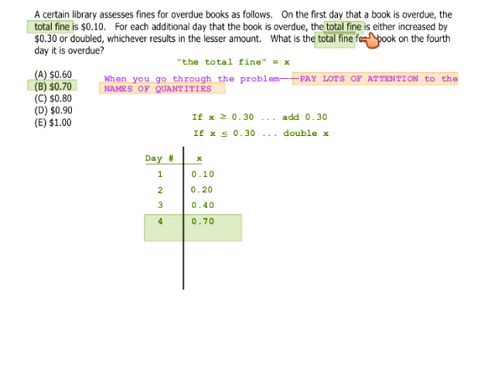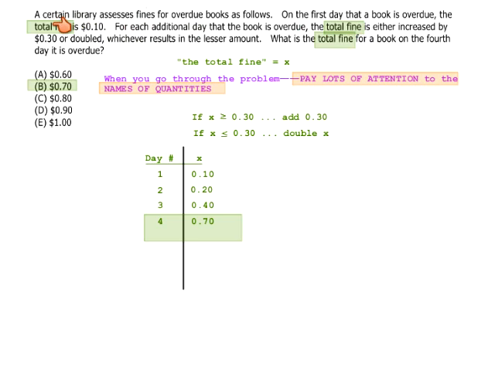The people who write these problems are definitely not careless with words. So the total fine on day 2 is not 0.3. Again, that's actually my whole point. If the word total fine confuses you, then just call it X. Because they just keep calling it the same thing every time.